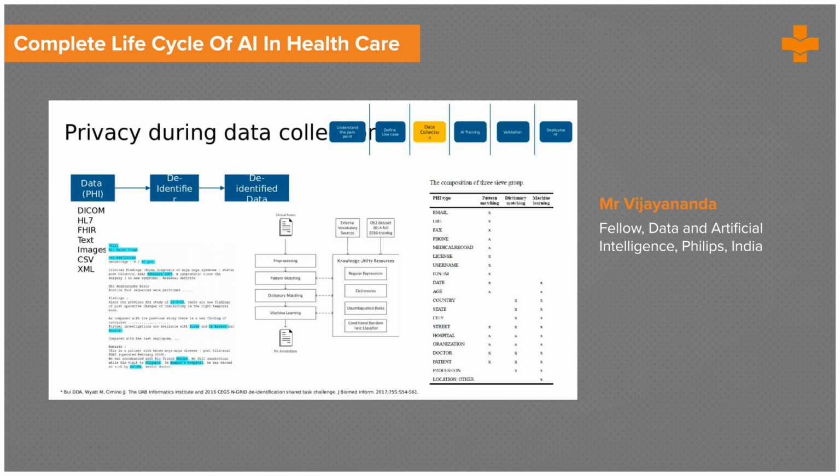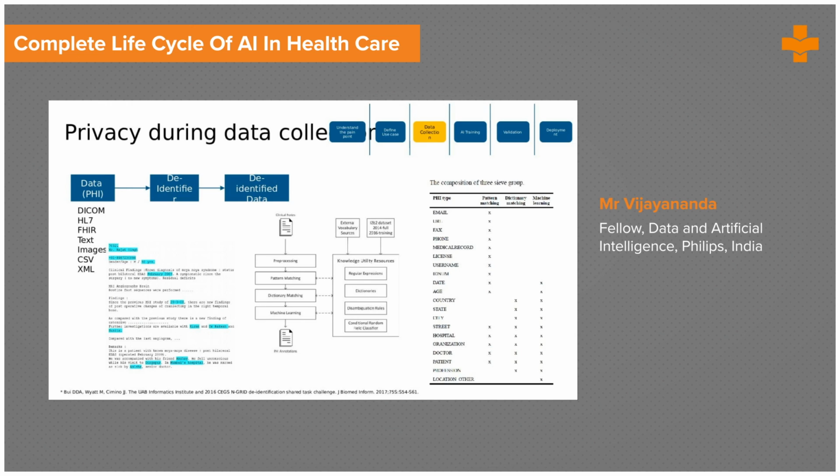But let's take a scenario of the phase of data collection. Now, one of the primary things as part of the data collection has to do with privacy. So especially for R&D purposes, it involves de-identifying the data, and the data can be in any format.